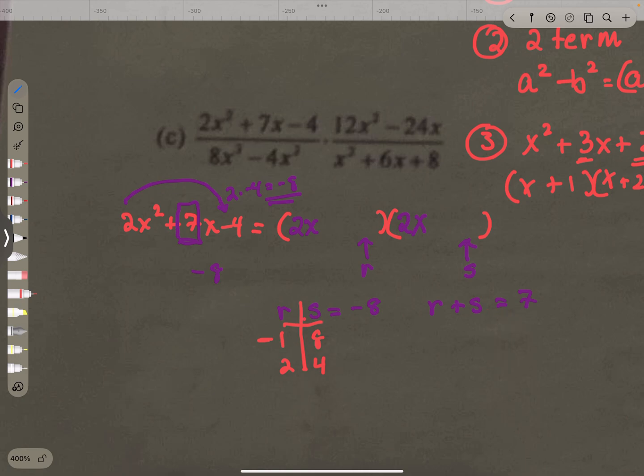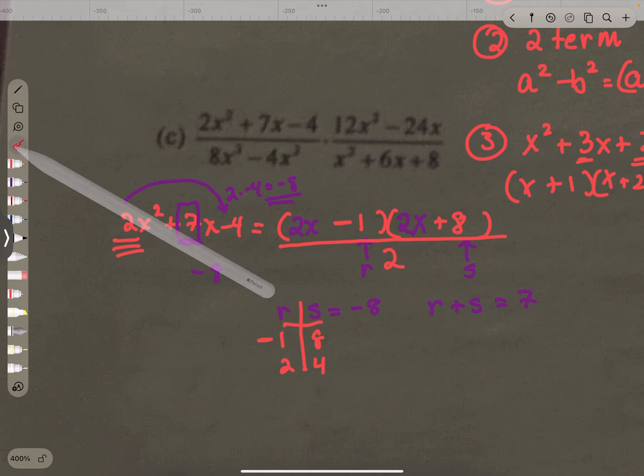So I'd use my multiplication to figure out the A times C value, make my list, pick the pair that can add up to the B, and then I just put those right in there. I go, okay, one of them's negative 1, one of them is positive 8. And then I divide the whole thing by whatever that A value was, in this case 2. Now I'm ready to get to my final factorization.